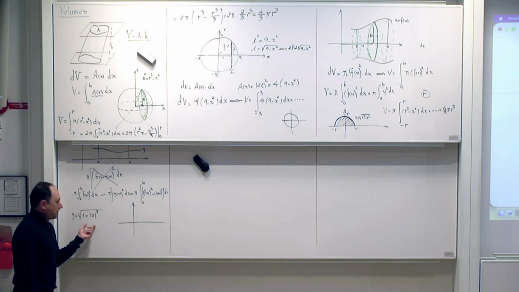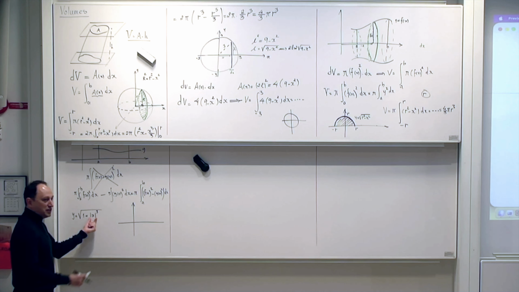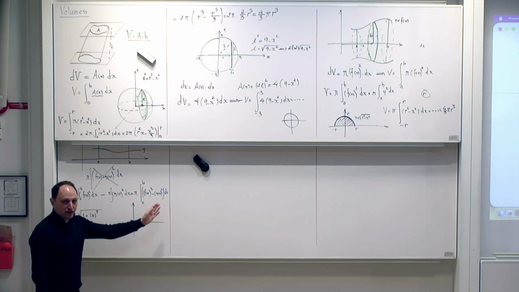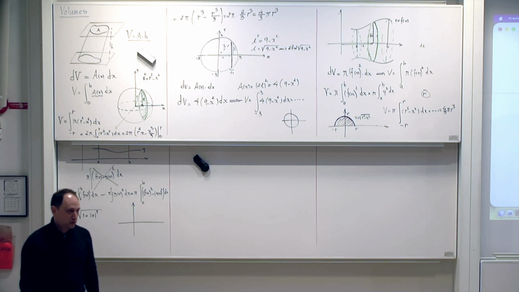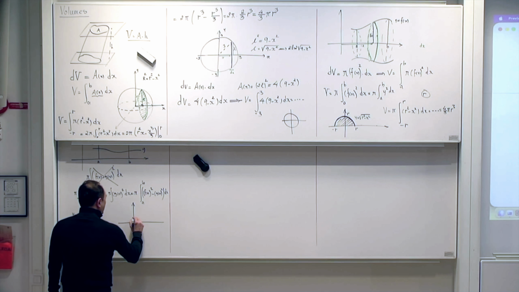So for example, if x is extremely large, then what happens to this expression? It becomes extremely large. And then if I make x negatively large, because of the absolute value, again y becomes positively large. And by the way, if I change x to minus x, this function does not change, so it is even. So I can draw it on the right hand side and do the mirror image with respect to the y-axis. So what I'm trying to say is that this function is not a very strange function.